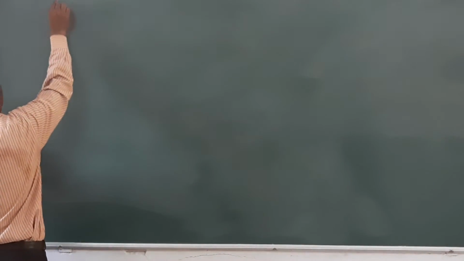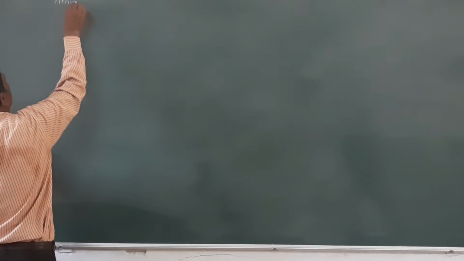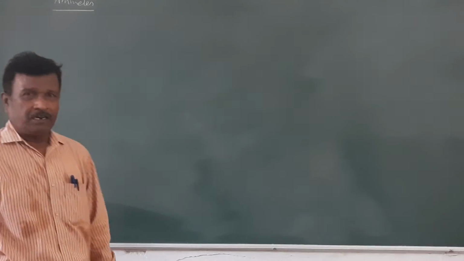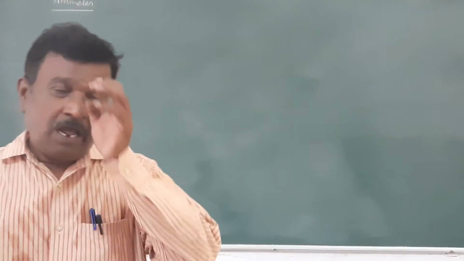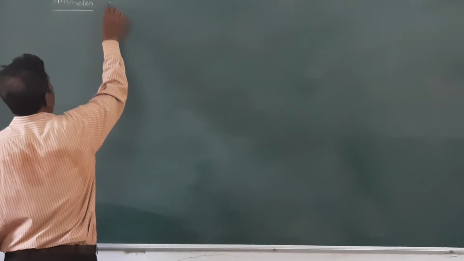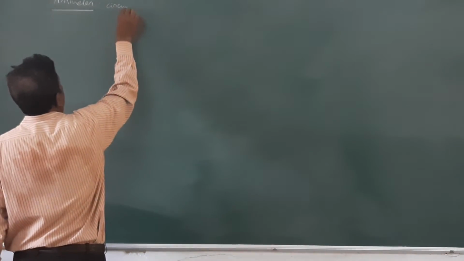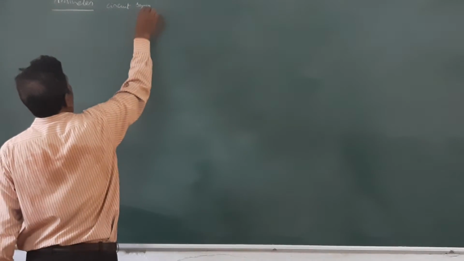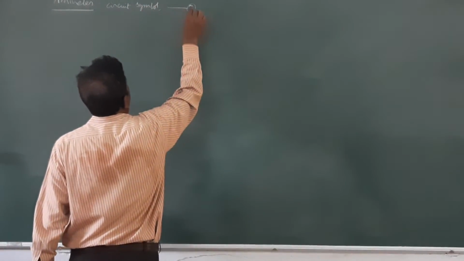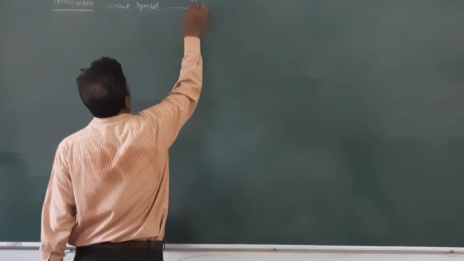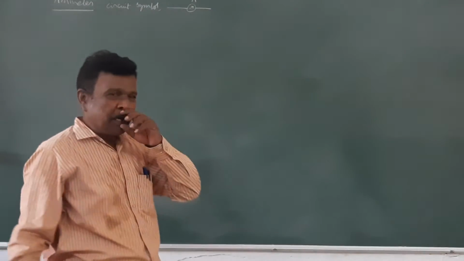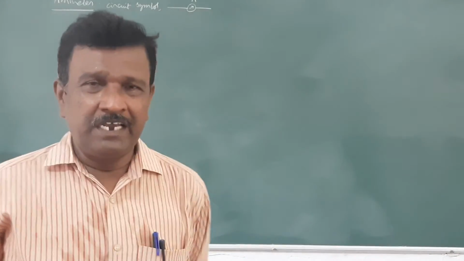So, let us discuss the ammeter. The ammeter circuit symbol is similar to that of the galvanometer, but it is represented by A. A is the ammeter.